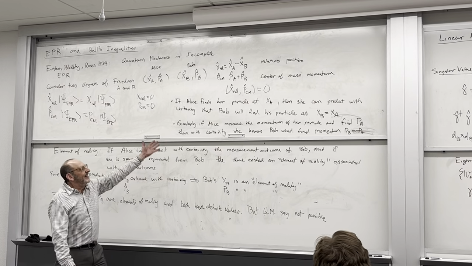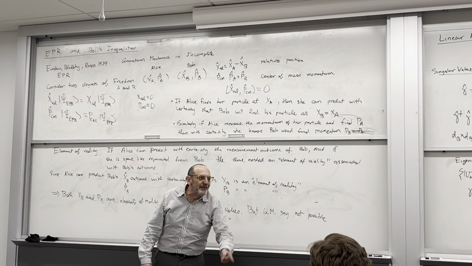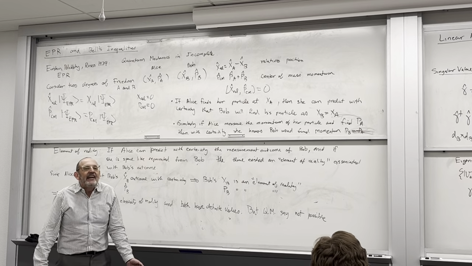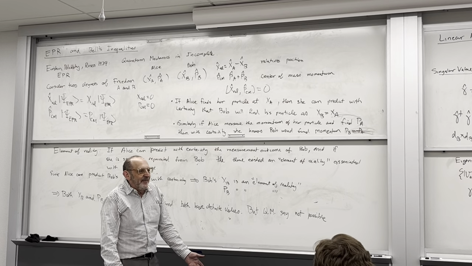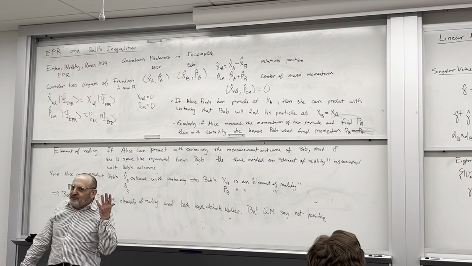This is just clearly, if I can predict your value without in any way affecting it, then that value had to have been there, because how else? So it's a perfectly logical argument.